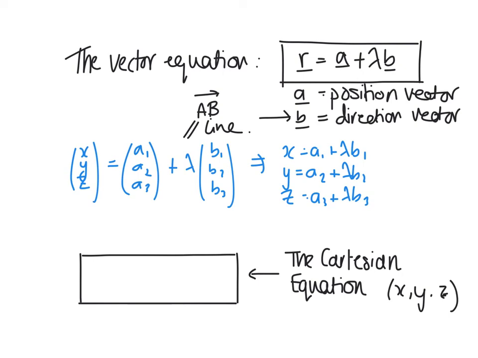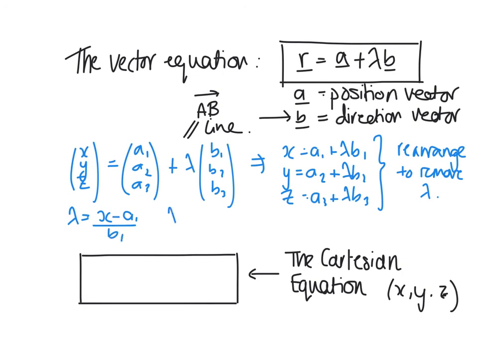Now, all of these equations are beginning to look a little bit more Cartesian. We've got x's and y's and z's, but we've got this lambda. So we need to rearrange this now to get rid of lambda. So I'll write each equation in terms of lambda equals something. So lambda is x minus a1 over b1.